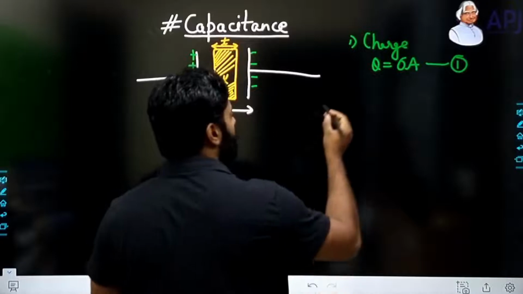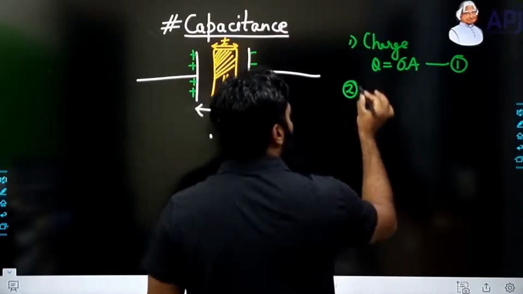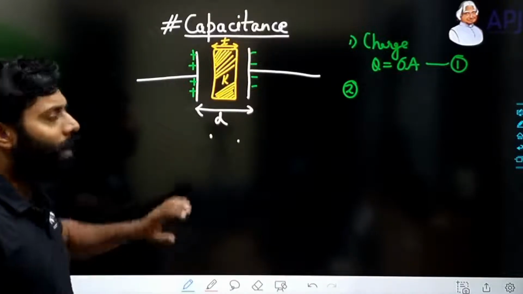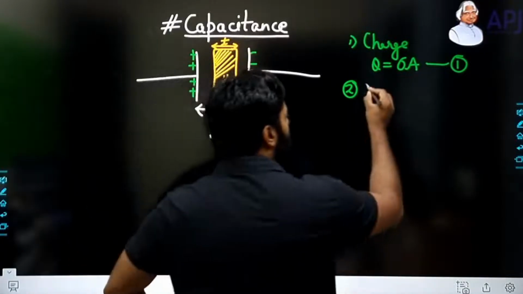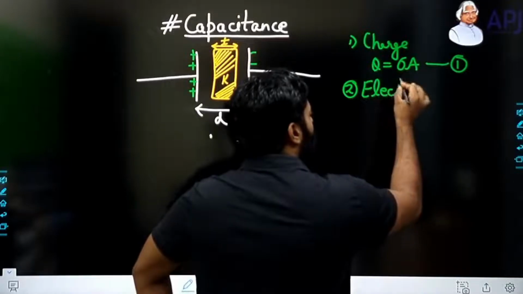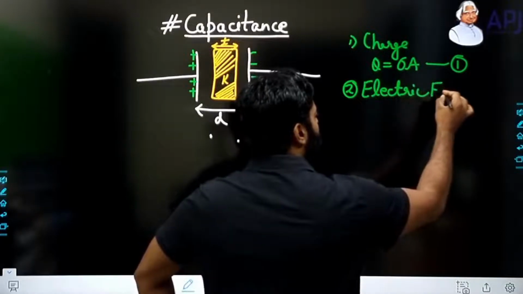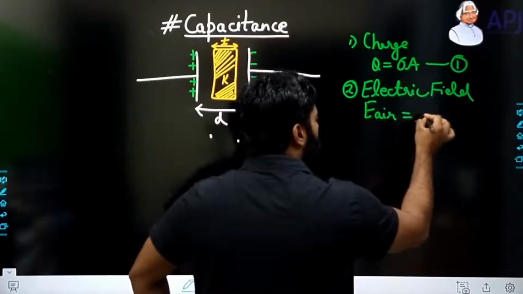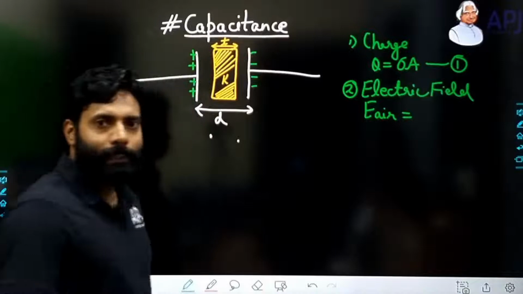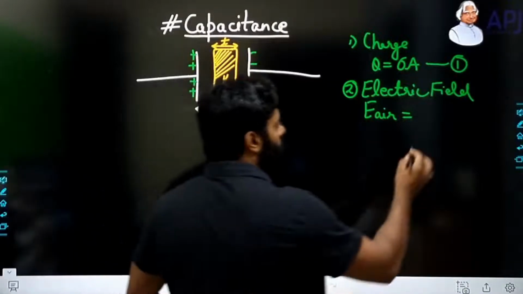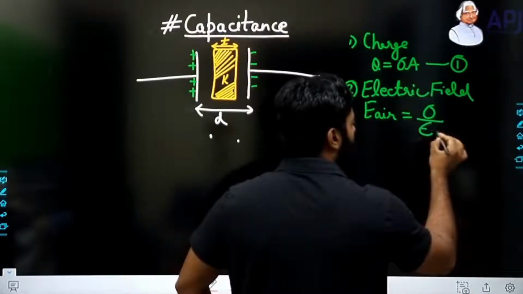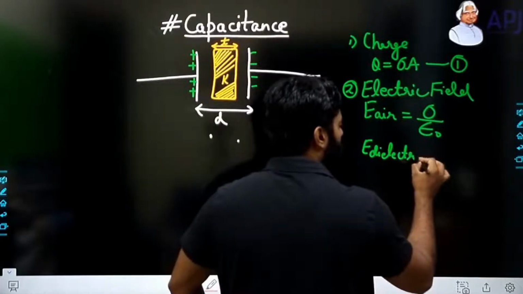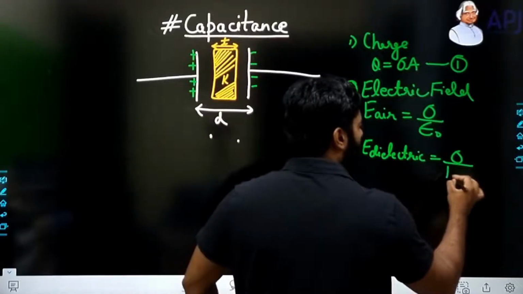Now for the second step, we have to find the electric field. Here there are two electric fields. The electric field in air will be σ/ε₀, and the electric field in the dielectric will be σ/(Kε₀).